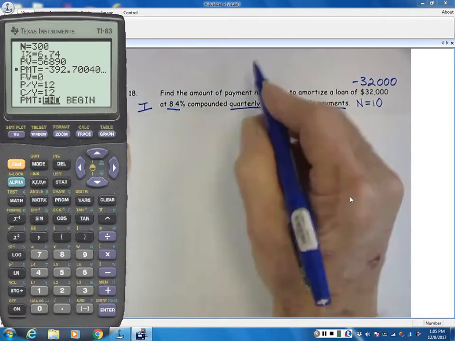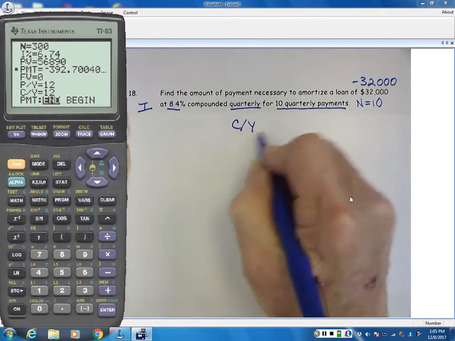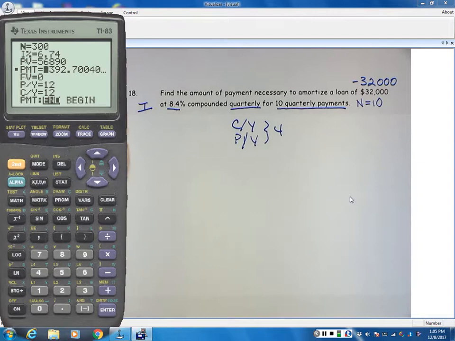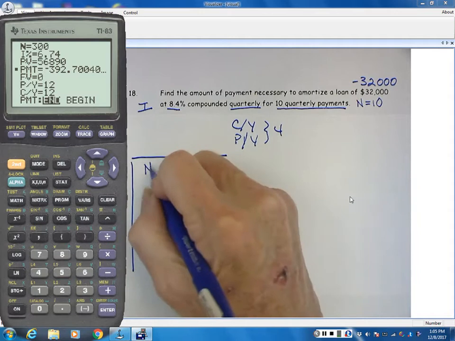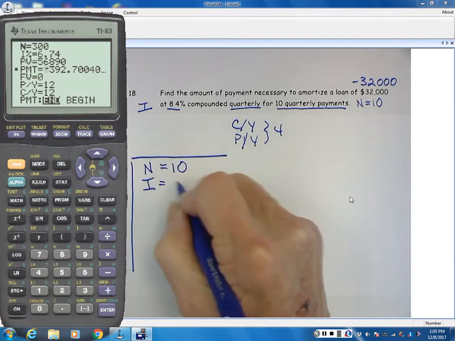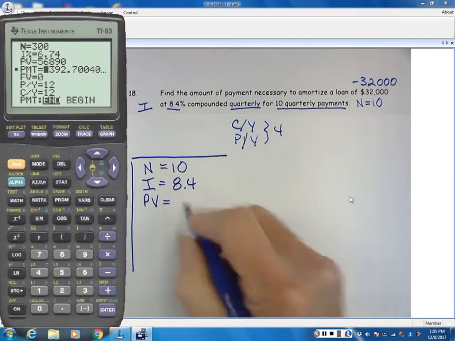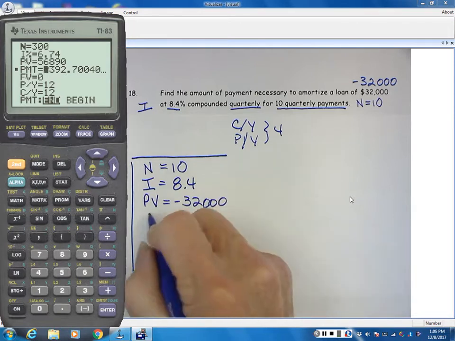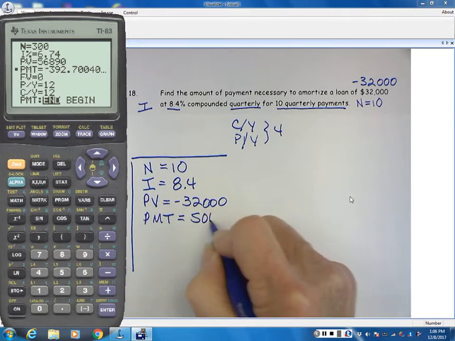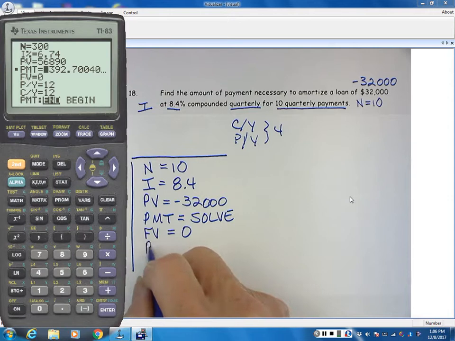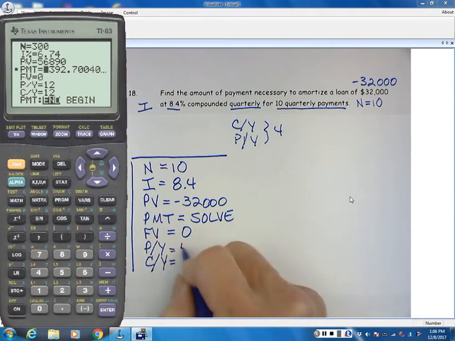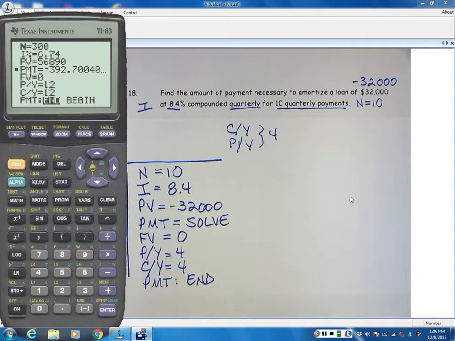And compounded quarterly tells you that C/Y and P/Y are both going to be 4, even though that has no impact on the payments. So we'll feed all the information to the TVM solver.